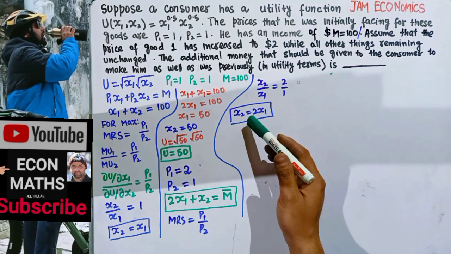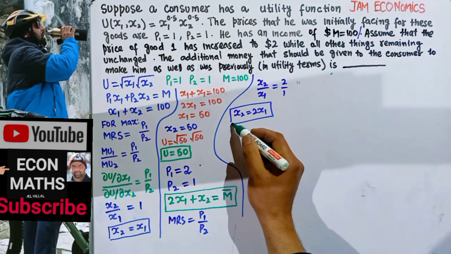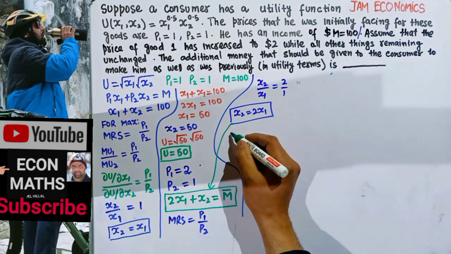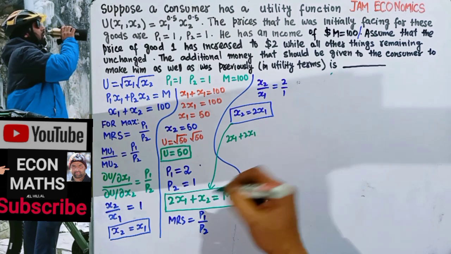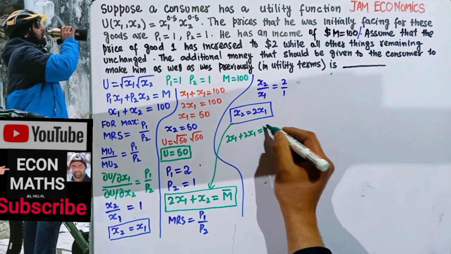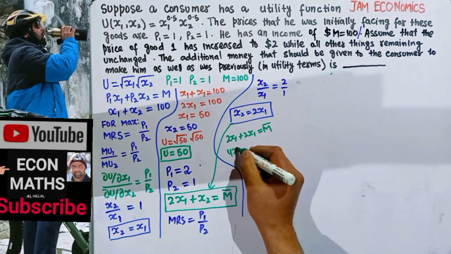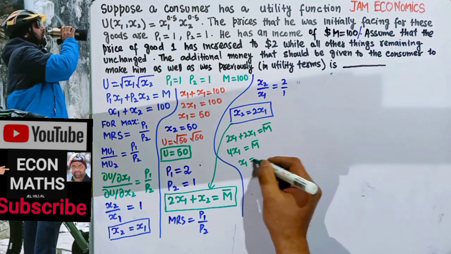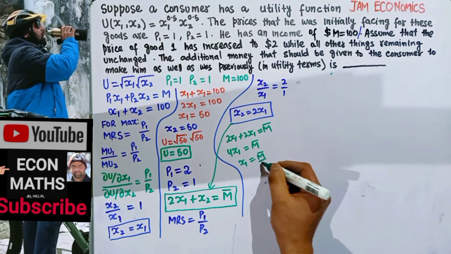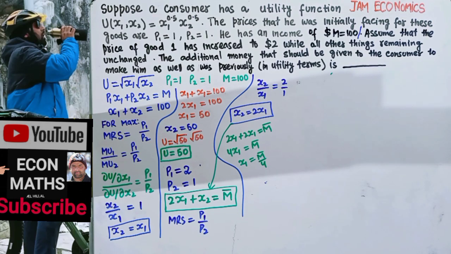Let's plug this again into the new budget constraint, the value of x2. That means we have twice x1 plus twice x1 in place of x2 should be equal to m bar, which is 4x1 should be equal to m bar, which means x1 will be equal to m bar upon 4.